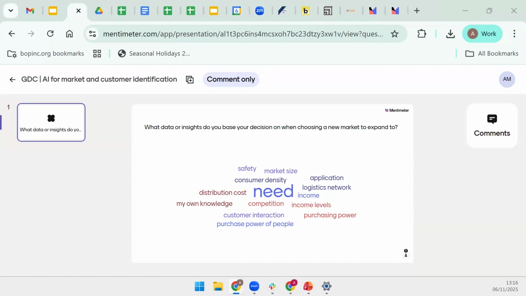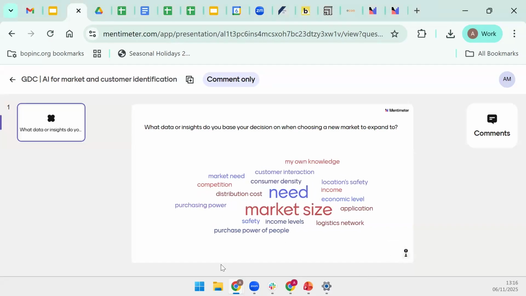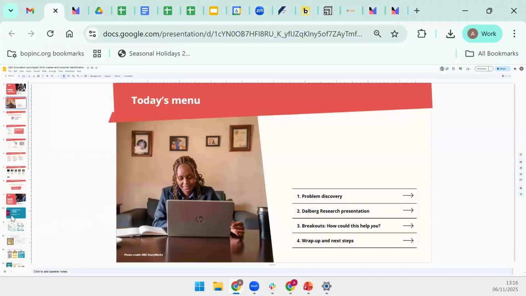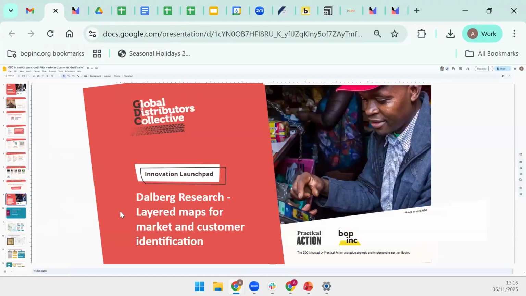For us in Nigeria, if we're considering market expansion, we are an energy company. So part of what we'll be looking at is the market's size or business viability. How viable are the chances of entering a particular location?